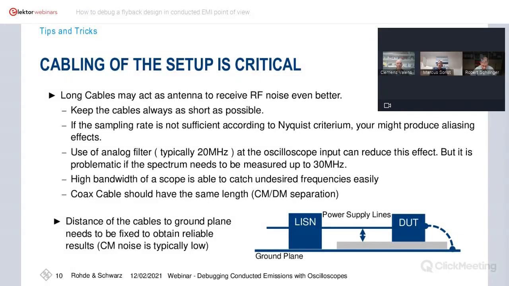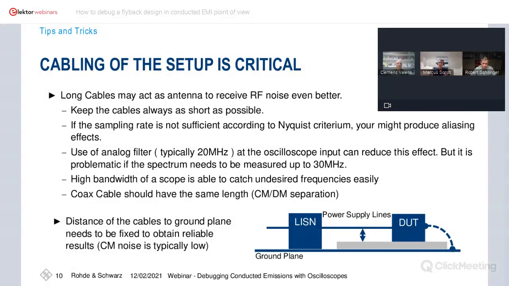Also, the sampling rate of digital scopes is an interesting topic, and it cannot be infinite, of course. You can easily get into a problem with the Nyquist criterion when you have really high frequencies from the external environment, and that could produce an aliasing effect.